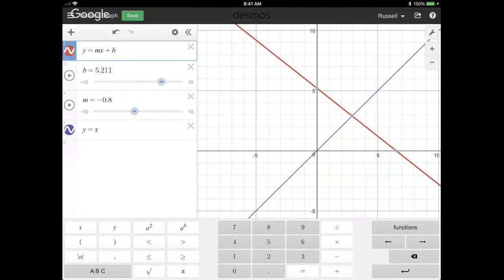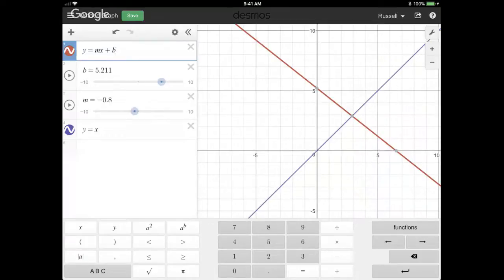Another advantage is later on when I add some exponential functions and some other stuff, you'll see it can be really useful for filling in the values of an equation or a formula.